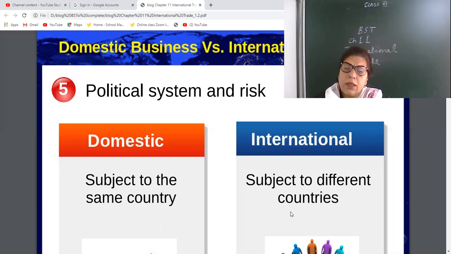Now, international business. In international business, because different countries are involved, their political systems are also different, and the risk factor is very high. Why is the risk factor very high in international trade?